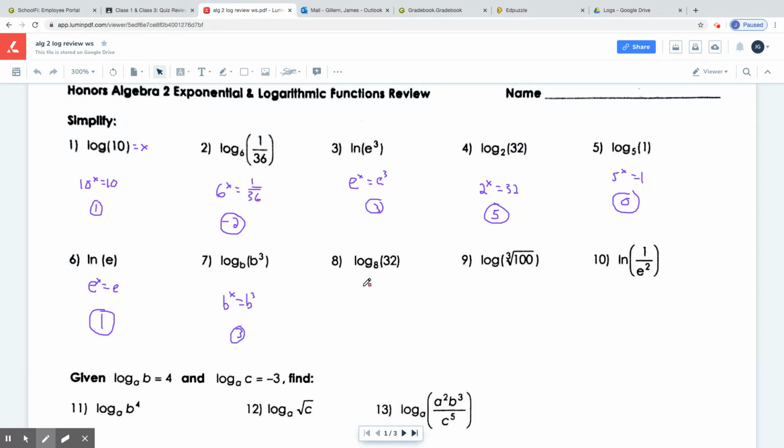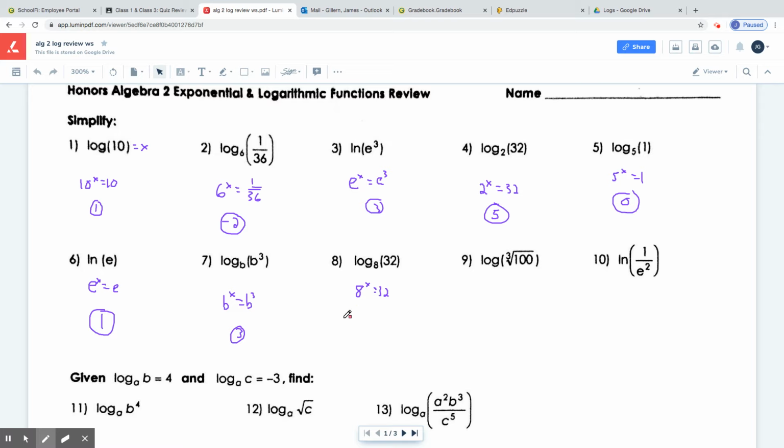All right, this one's a little trickier. We have 8 to what power equals 32? Well, obviously, it's not a whole number, because 8 squared is 64. But what we can do is make these the same base.